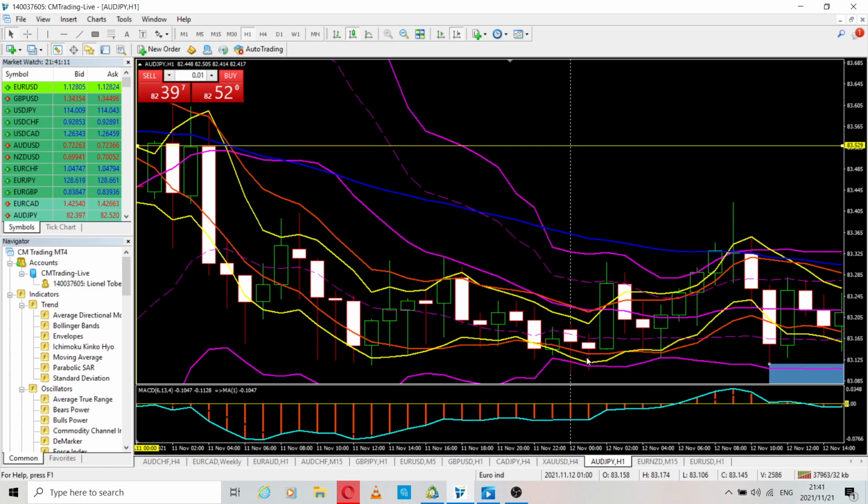Remember, we have to have a reversal candle, and it has to be a different candle to the previous one. If you have a sell candle, even if it rejected but it is still a bearish candle, the next candle has to be bullish like this one.